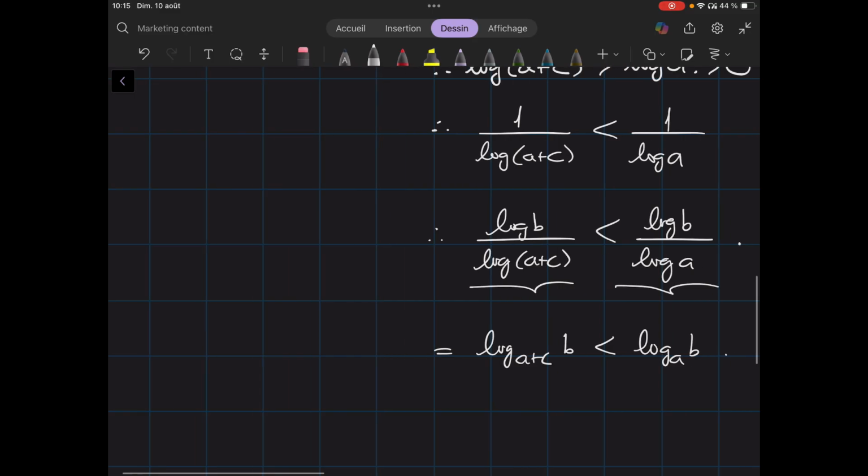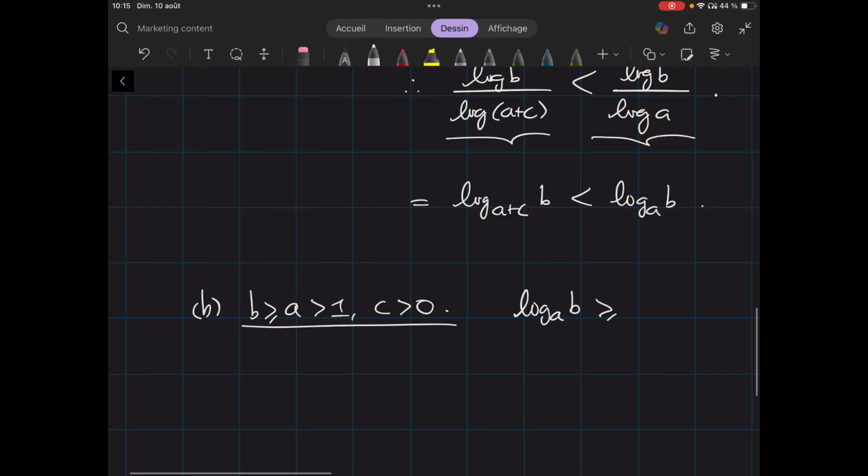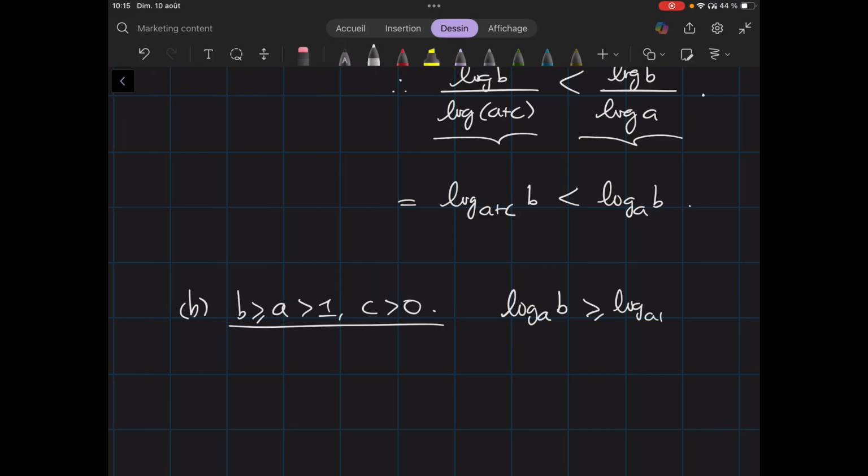Part B. We would like to prove that log base A of B is greater or equal to log base A plus C of B plus C. Let's use the hint.